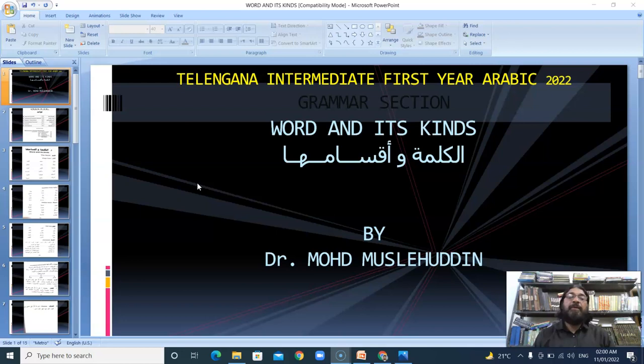Among the whole grammar sections, the first lesson is namely Al-Kalimatu wa Aqsamuha, as it is shown on the screen. Telangana Intermediate First Year Arabic 2022 Grammar Section, Word and its kinds. Al-Kalimatu wa Aqsamuha.